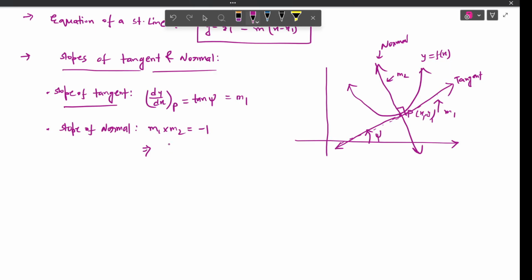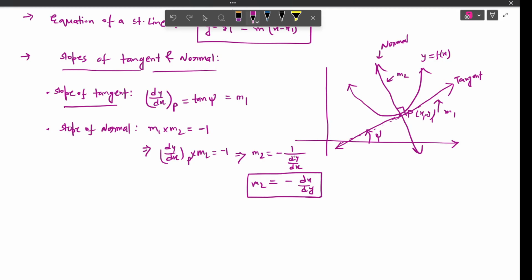So dy by dx at point P into m2 should be minus 1. So m2 is minus 1 by dy by dx, or we can say minus dx by dy. So this is the slope of the normal, minus dx by dy or minus 1 by dy by dx at point P.